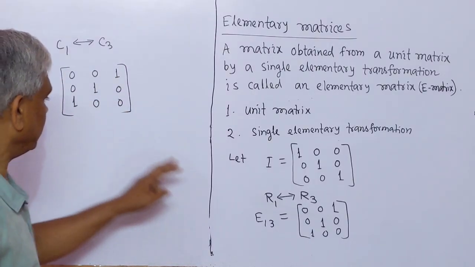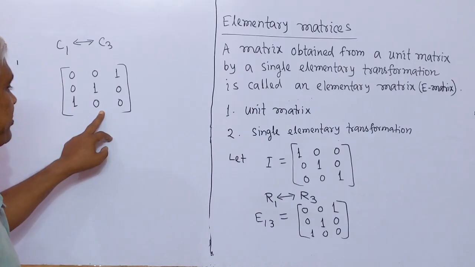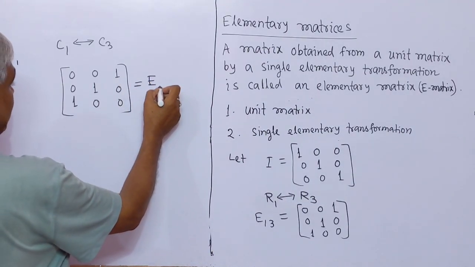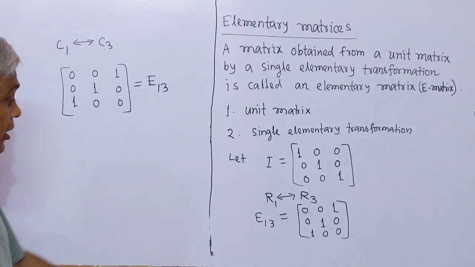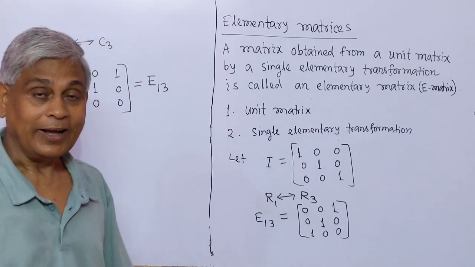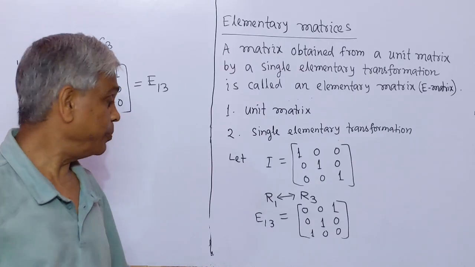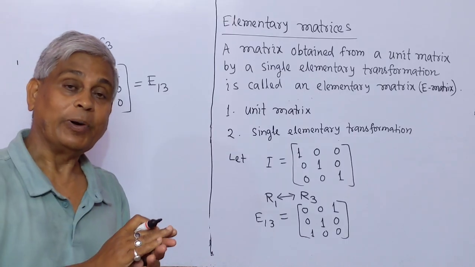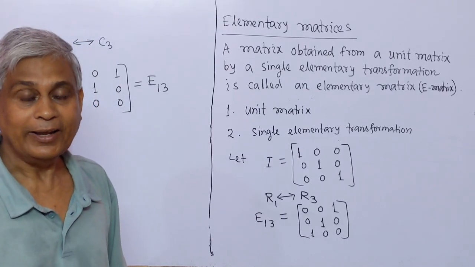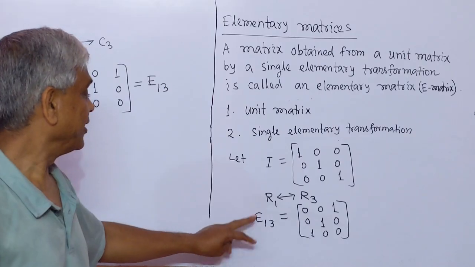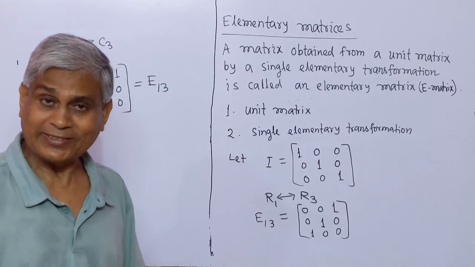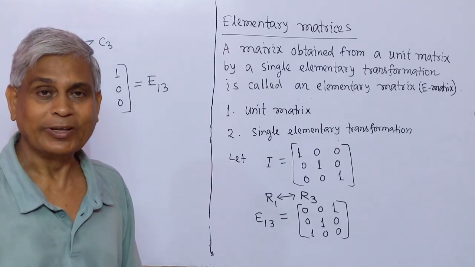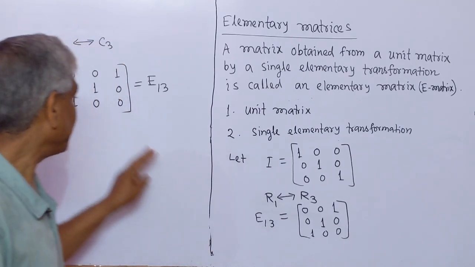Here we see that this matrix and the previous matrix are the same, so we may write this as E13. Here E13 denotes either the interchange of the first row and third row or the interchange of the first column and third column. There is no difference between interchanging rows and columns. We get the same structure of the matrix.